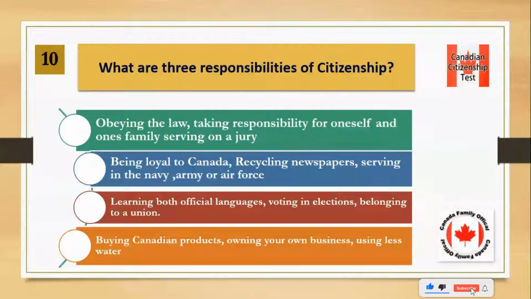Number 3, learning both official languages, voting in elections, belonging to a union. Number 4, buying Canadian products, owning your own business, using less water. And the answer is obeying the law, taking responsibility for oneself and one's family, serving on a jury.